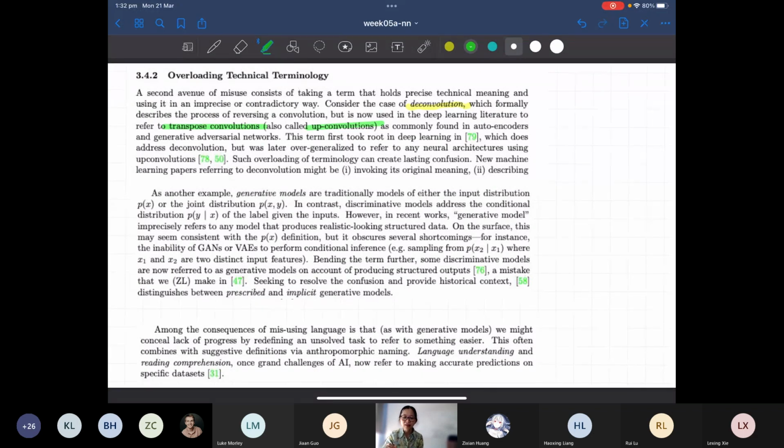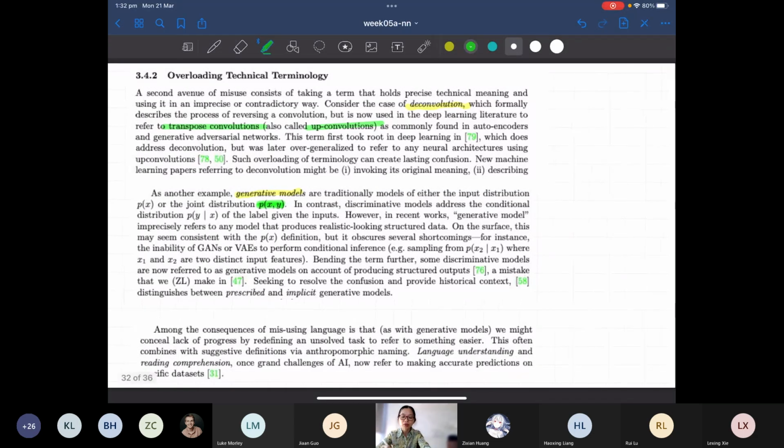So when people see deconvolution in a neural network related paper, you should really think about which meaning it is exactly. Another very commonly used word is generative models. Precisely speaking, in our classification lecture, we said generative models are models where you can manipulate or generate x, y from p of x, y. That was the traditional way it had been used up until the early 2010s. And then GANs and VAEs came along and they said, I'm just going to call models that generate pictures generative models.